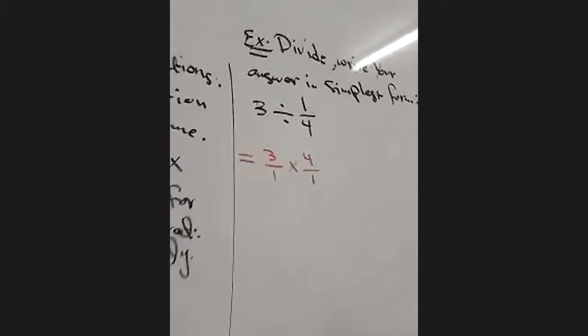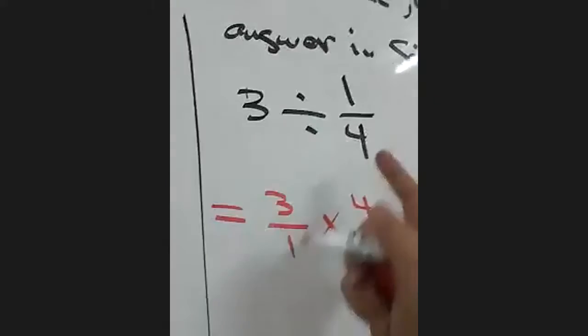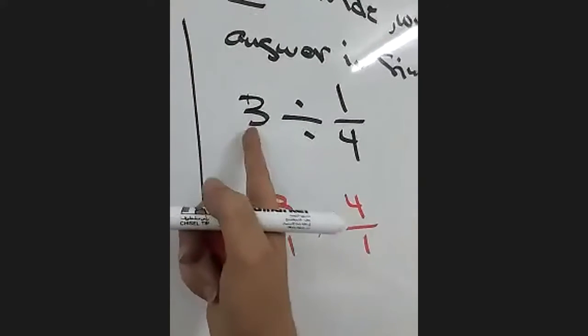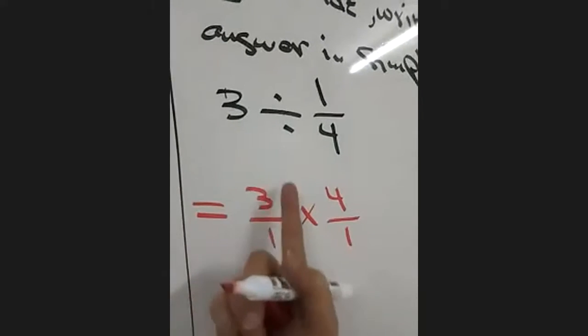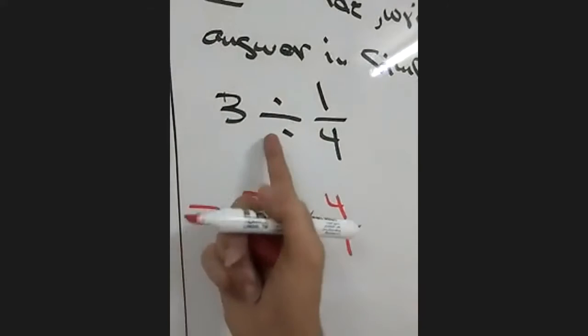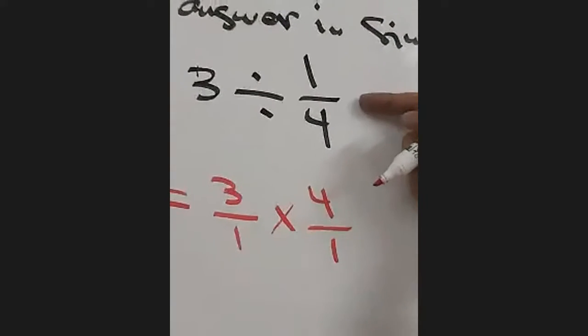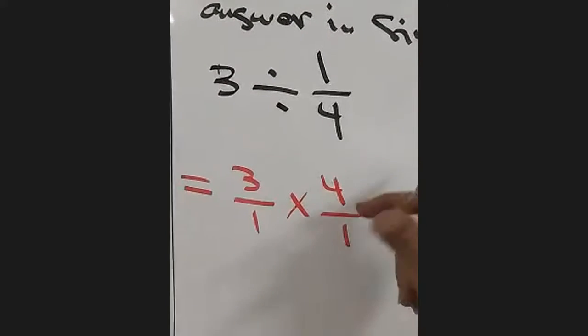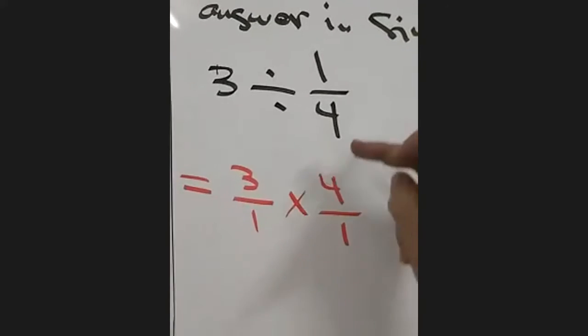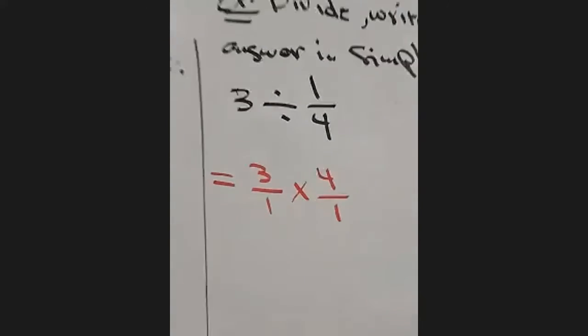Again, to divide the whole number by a fraction, the first whole number, make it a fraction and keep it the same. The division, turn it to multiplication. And the second fraction, flip it. It is 1 over 4, it will be 4 over 1.